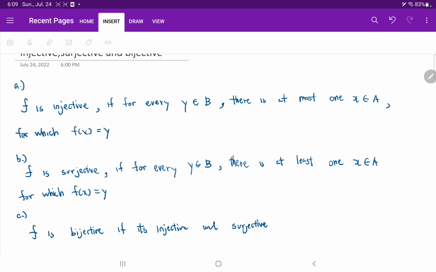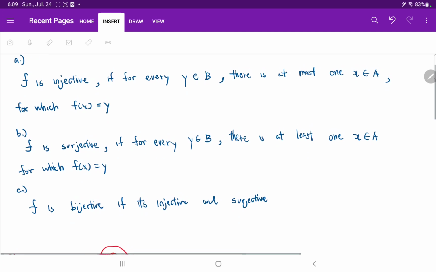So this means that every element y in B must have a corresponding element x. It can have multiple, that's fine because that satisfies the at least one definition. But in the injective case, it can only have one corresponding element x in domain A.